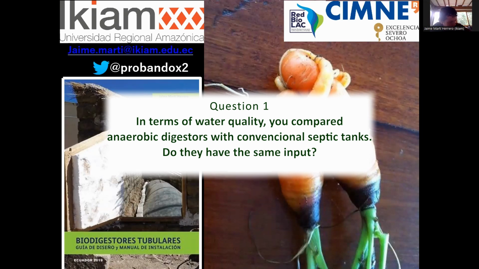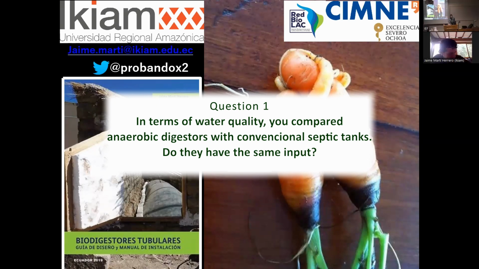But did they have the same inputs? I didn't see any data on the input quality of the water going into the septic tanks versus the digesters. So that's the real test. If you've got low COD coming out of your digesters, the input concentrations need to be similar in order to make a comparison, right?